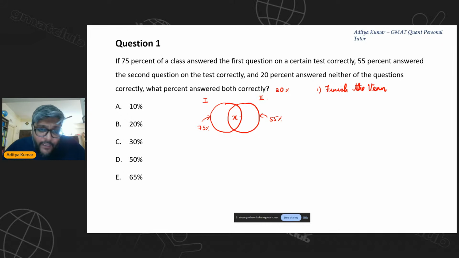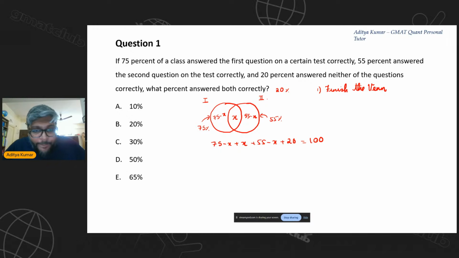Exactly the same way as you would have data put inside circles. So I would say this is 75 minus X. This would be 55 minus X. So each of my regions is filled up, and I know all of these regions put together should add up to 100%. So 75 minus X plus X plus 55 minus X plus 20 should be my 100%.